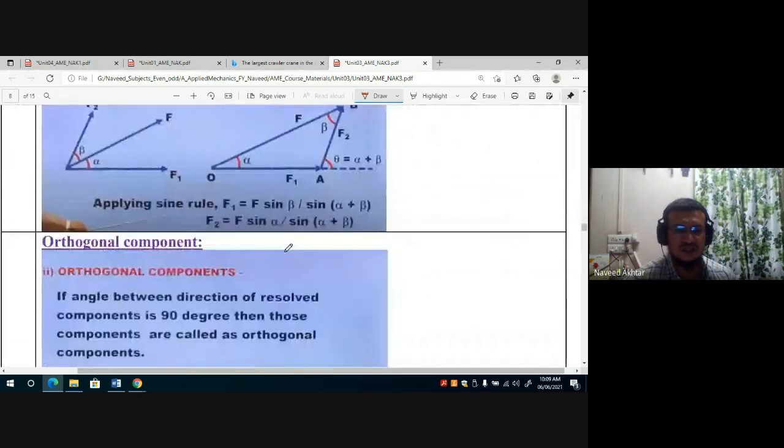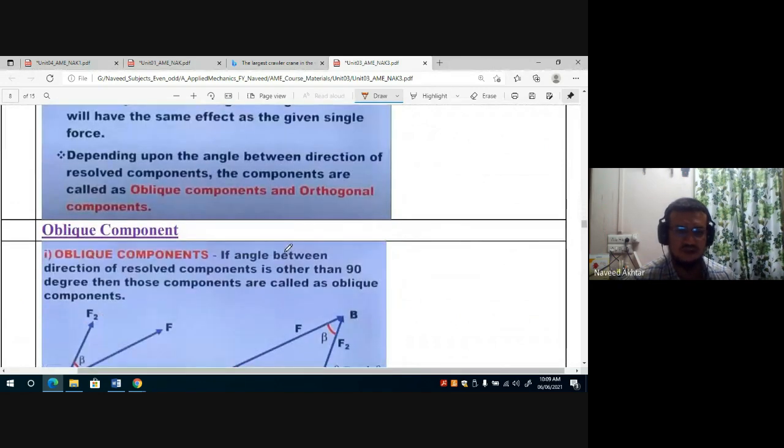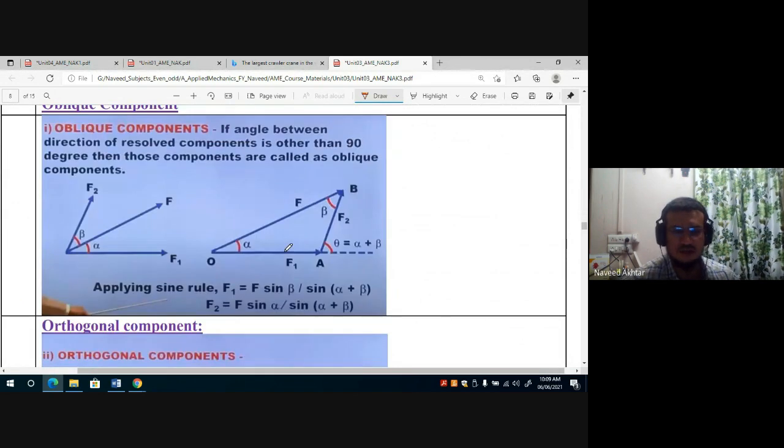All these things we have seen in unit number, sorry, three. Also, you have seen the sine rule. Two forces F1 and F2 are oblique to each other, so the resultant will be F, and that can be found by drawing the F1 force by Bow's notation and the F2 force, and then drawing the line.